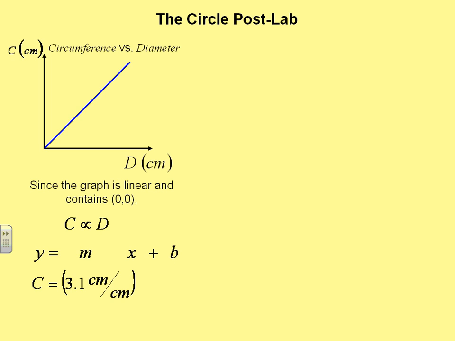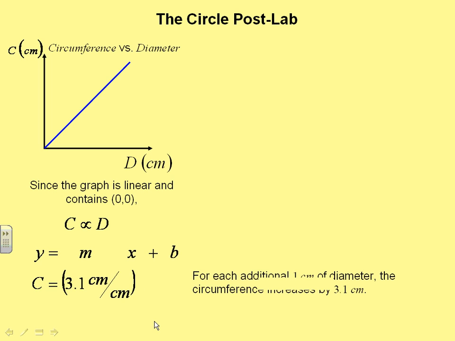Well, if you think about this, a slope is how much the vertical variable changes compared to how much the horizontal variable changes. And so what this would mean is, for each additional 1 centimeter of diameter, the circumference increases by 3.1 centimeters. You get 3.1 centimeters of circumference for every 1 centimeter of diameter.